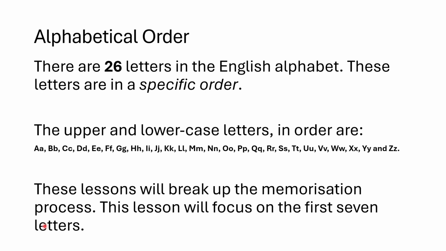The upper and lowercase letters in order are A, B, C, D, E, F, G, H, I, J, K, L, M, N, O, P, Q, R, S, T, U, V, W, X, Y, and Z.